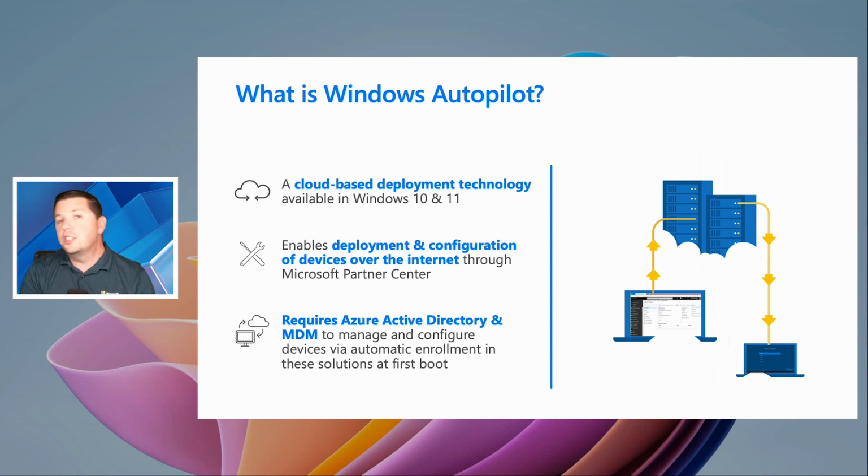It, of course, requires Windows 11 Pro devices. It also requires Azure Active Directory, as well as some type of mobile device management tool. Now, what's great is with Azure Active Directory and a mobile device management tool or endpoint manager like Microsoft Intune, they already come included with every single one of our Microsoft 365 education licensing solutions.